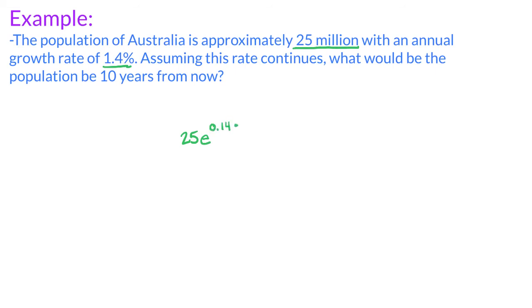And we're going to multiply that by our time, which we're looking at 10 years from now, okay? Now, the key piece of this is making sure that that exponent, that multiplication that's happening, gets done as the exponent, and that multiplying by 10 doesn't happen later, because that's going to alter the value. So I encourage you to put parentheses around that exponent.